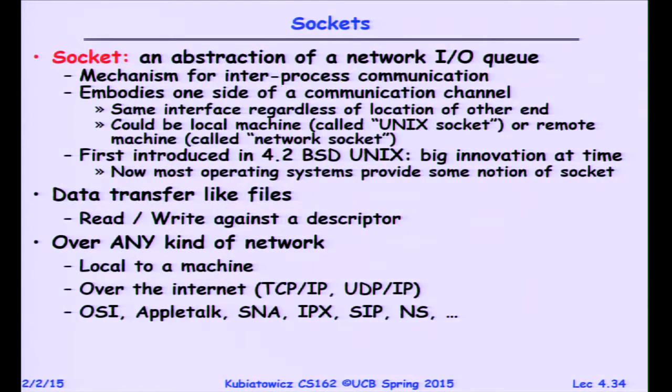If you could make a connection across a network, you could put a socket abstraction on top of it, and anybody using it could think they're just using sockets the normal way without caring about what the transport layer was underneath. Today, you really have 2 options: Unix sockets, which are local, and internet sockets such as TCP/IP or UDP/IP. A lot of these other things have pretty much disappeared, though they're still around in very select areas.